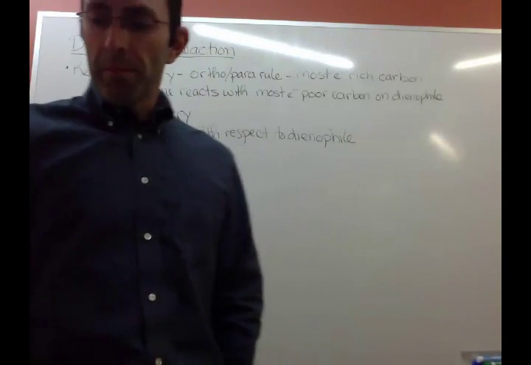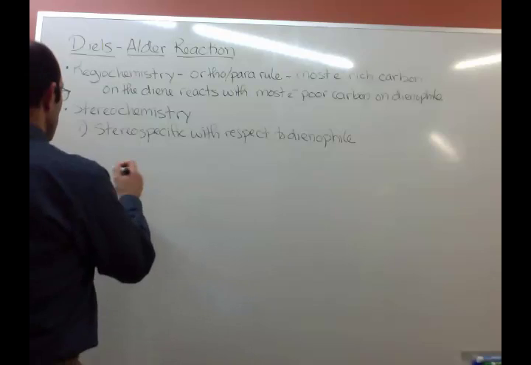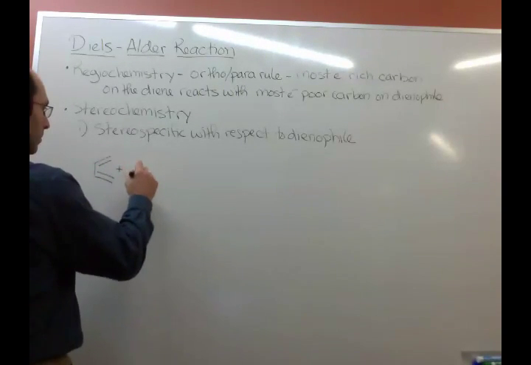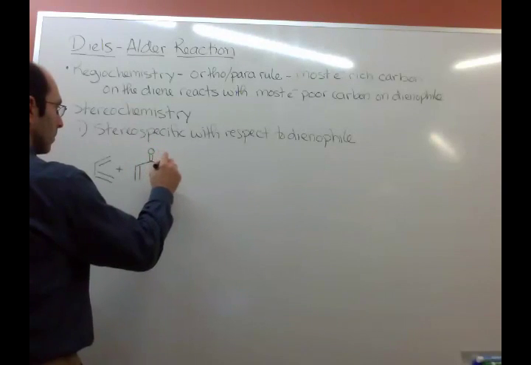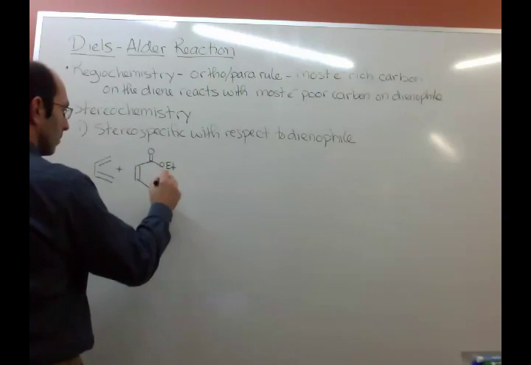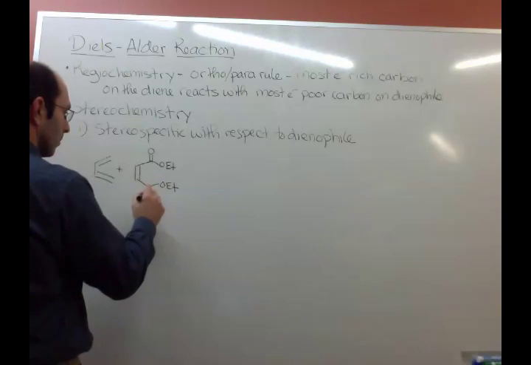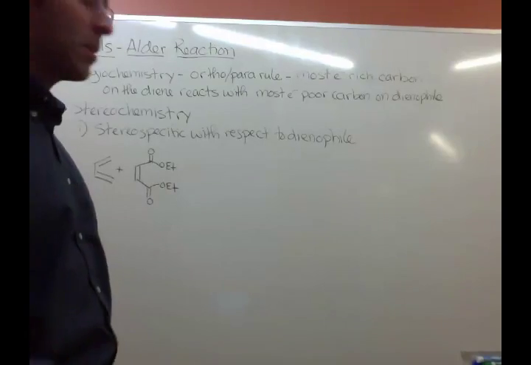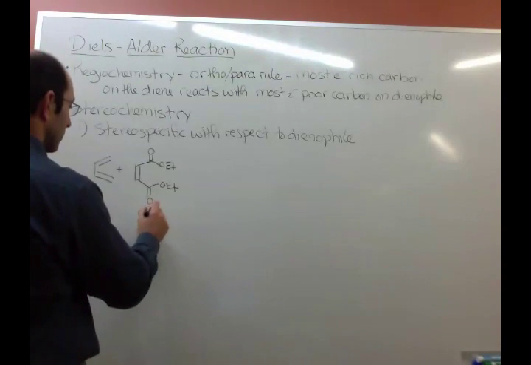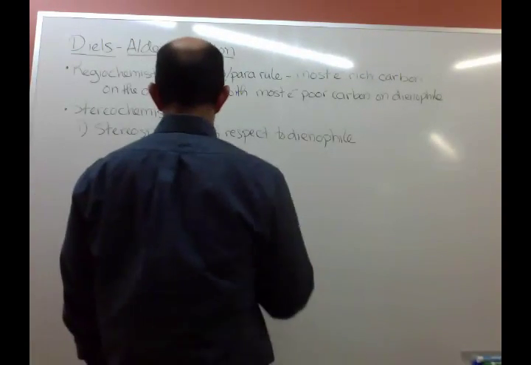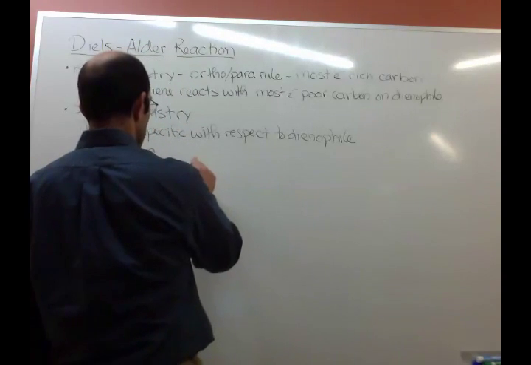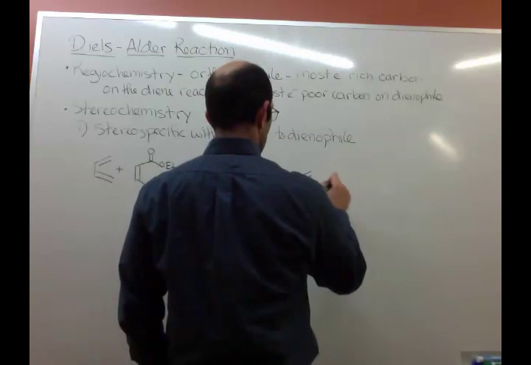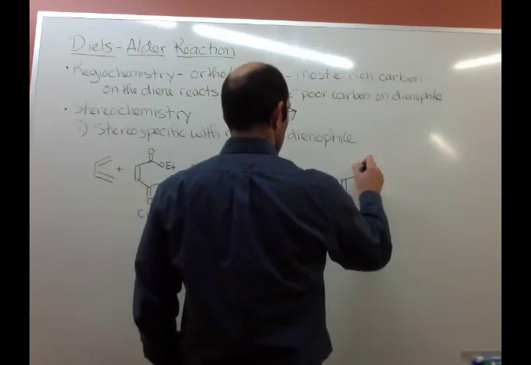So what does this mean? Let's take a look at two different reactions. In this case, we have a dienophile that is a cis alkene. So that'll be reaction number one. And then let's look at the same reaction with a trans alkene.